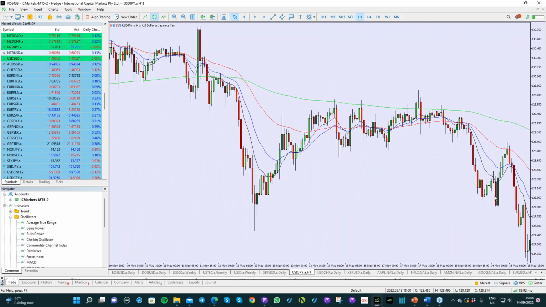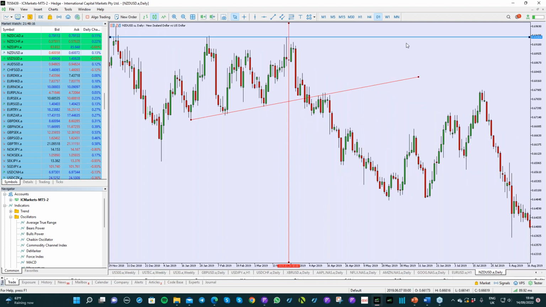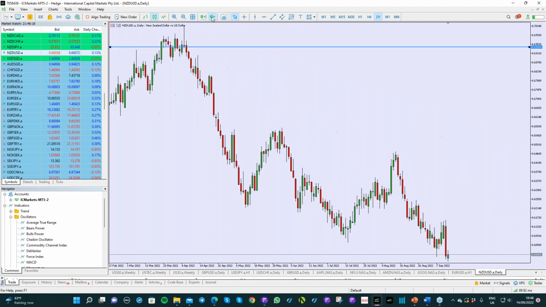I'm trying to find an example of that. I think it happened yesterday on Kiwi dollar. I already had Kiwi dollar open somewhere, didn't I? There it is. Let me just see what happened yesterday.